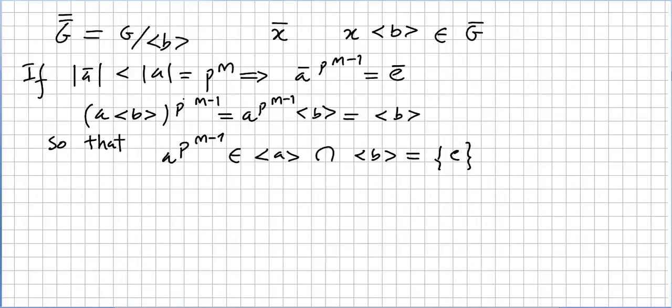This is simple algebra. You don't need the power because B will be B. It doesn't matter how many times you factor this, B is B, and this is nothing else but the set generated by B. So A to the power of P to the power of M minus 1 is in the set generated by A intersected with the set generated by B, but that means that it is the singleton with only the identity.